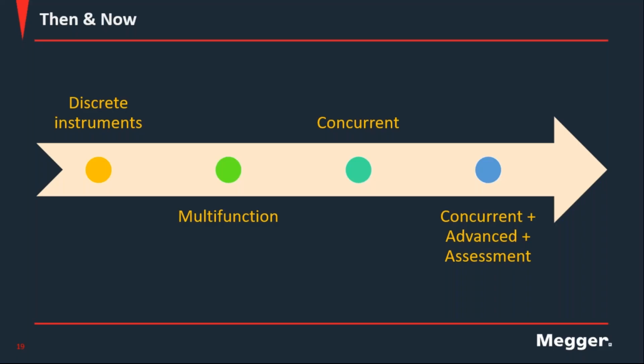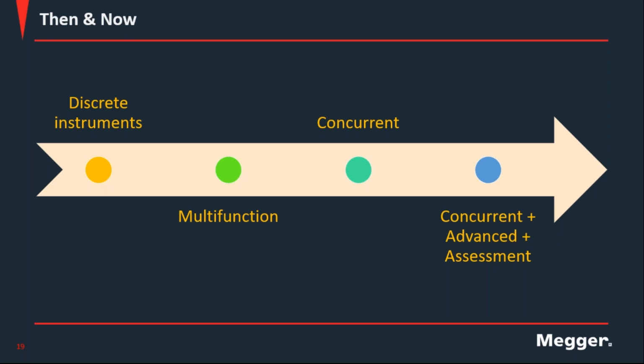As I was mentioning, the testing requires a comprehensive set of tests, and years ago you would have discrete, separate instruments for each of the tests that you need to perform. And of course, you get separate results and separate reports that won't help you to do the assessment quickly and easily.